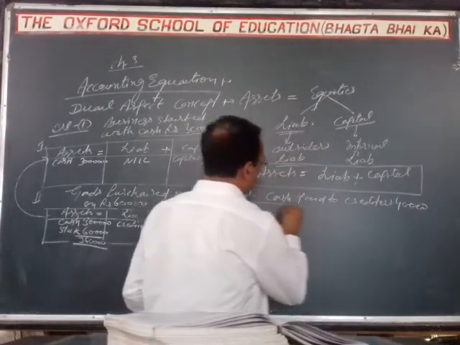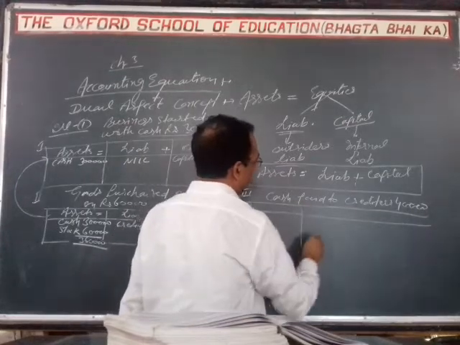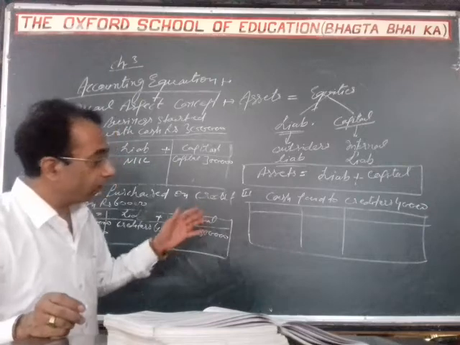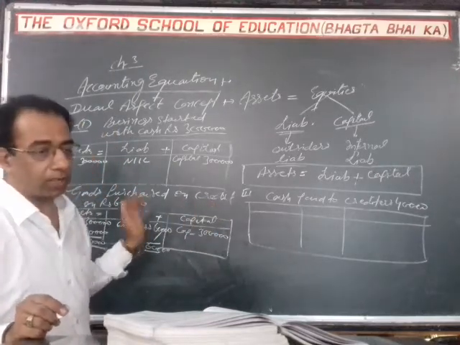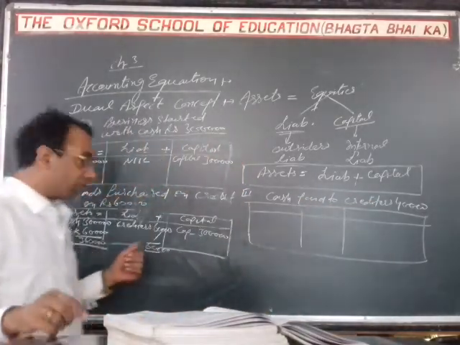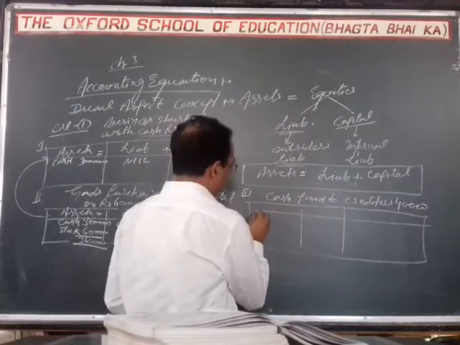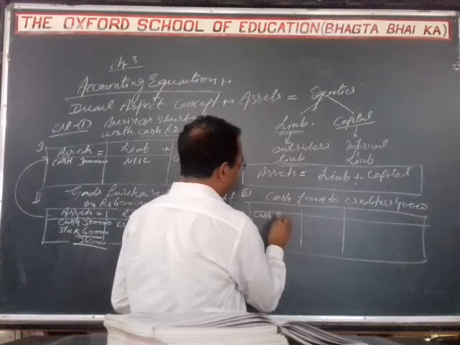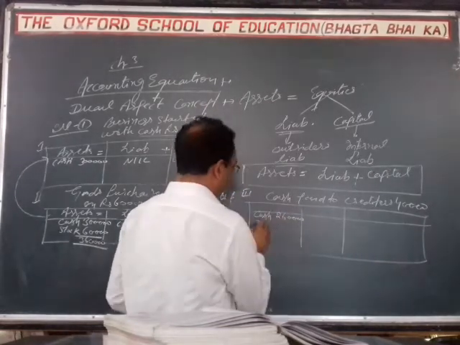So the third table is basically based on the second table. So we paid cash 40,000. In the second table we have cash 3 lakh. Now 3 lakh minus 40,000, you have only 2,60,000 cash.